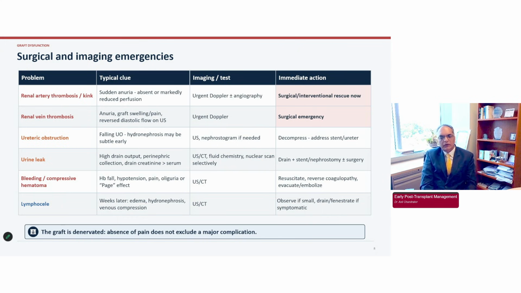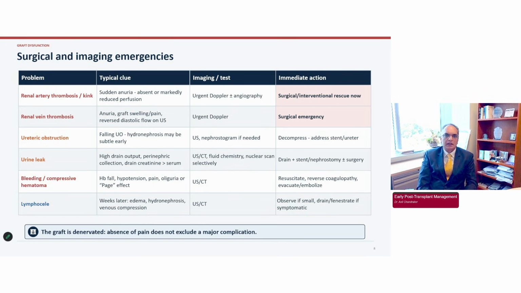While we obviously avoid contrast, this may be one indication for using small amounts of contrast to clinch the diagnosis if it cannot be easily diagnosed from ultrasound. And the reason is that surgical intervention is critical. It is really a surgical emergency. In many cases, if there is arterial obstruction, we'll not be able to resuscitate that kidney.